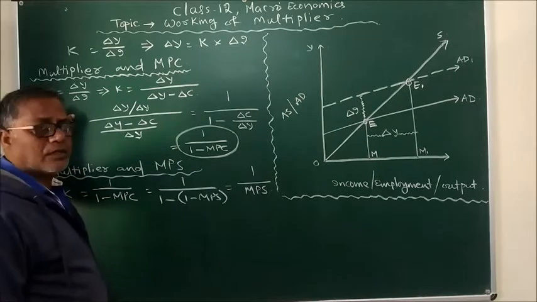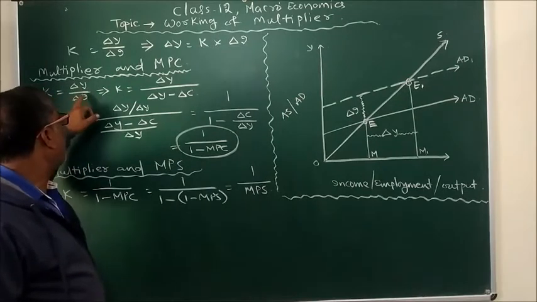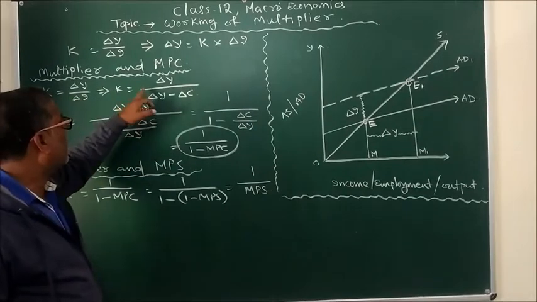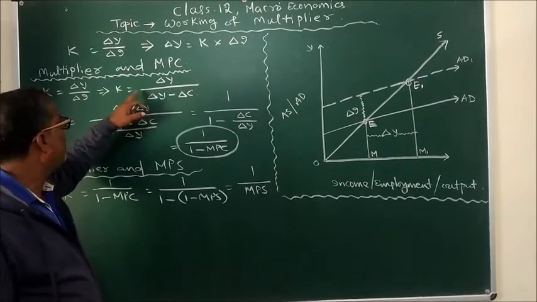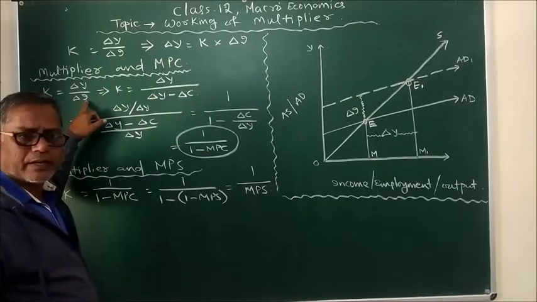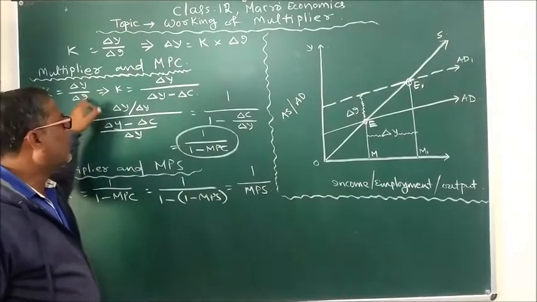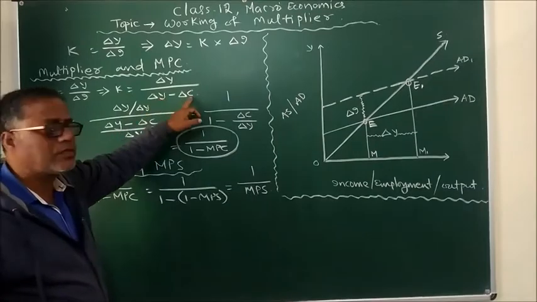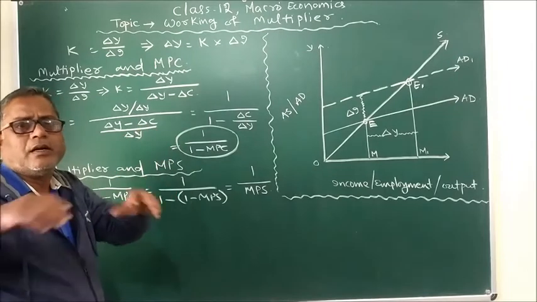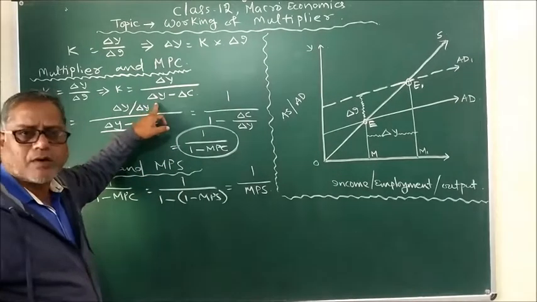So starting with K equal to del Y upon del I, that is the formula for K, and from this equation we can analyze it. So here del I, that is change in investment. So what is investment? Investment is nothing but income minus consumption, because consumption and investment combinedly make our income.